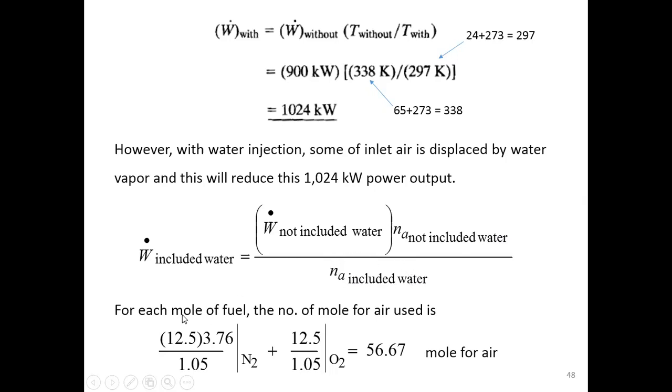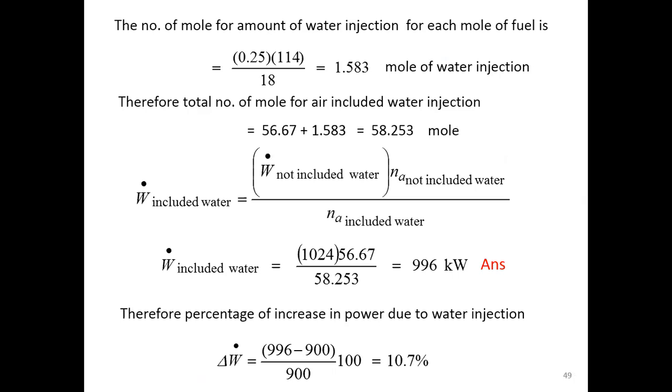For each mole of the fuel, the number of moles of air used is what, according to our actual combustion equation? We have to use 56.67 moles of air. This is the number of moles of air not including the water. Now, if we inject water, what is the number of moles of water injected?